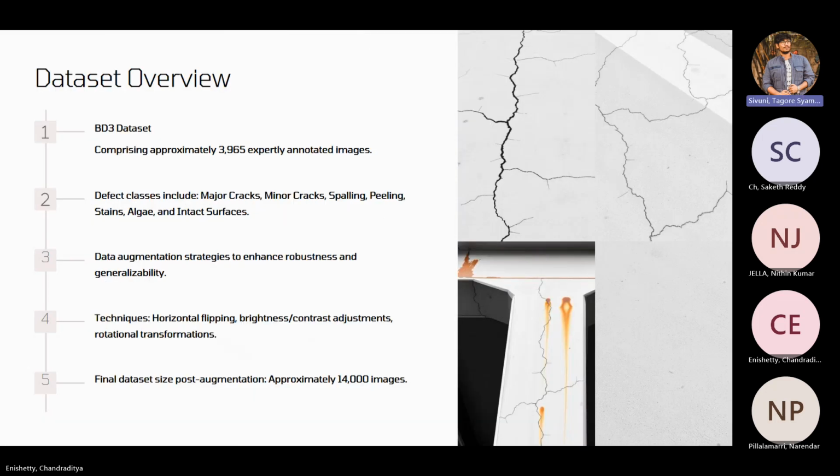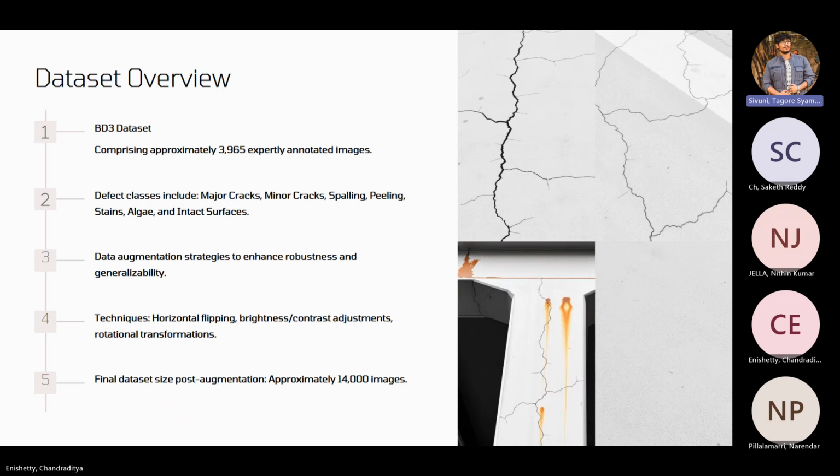If you see the dataset, we use the DeepBD3 dataset, which contains around 3,965 precisely annotated images of various defect types, including major cracks, peeling, spalling, algae, and more.